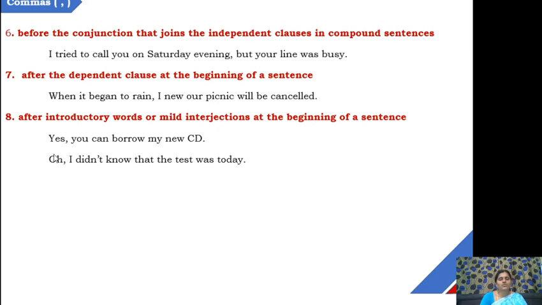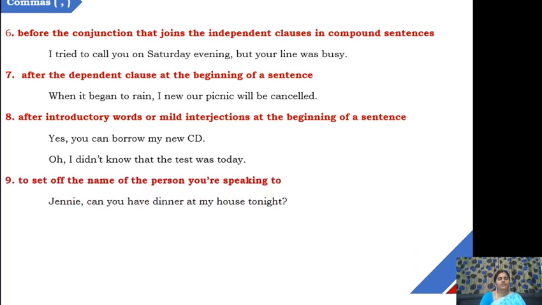And if we use interjections also, the strong emotional expressions, then we use a comma after the interjection at the beginning of a sentence. Next, to set off the name of the person you are speaking to.